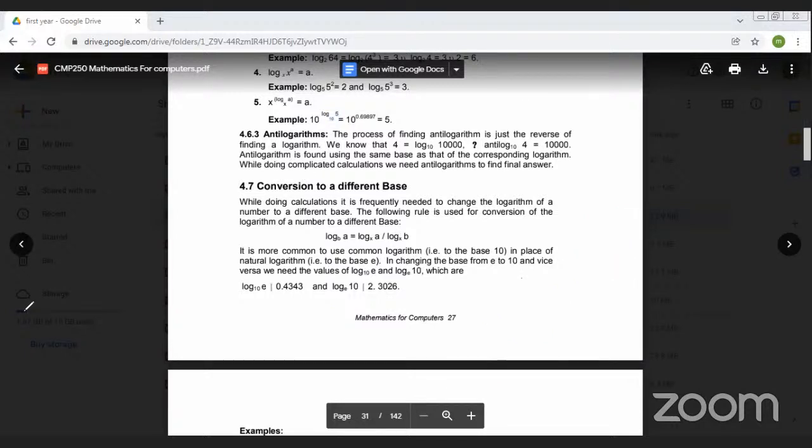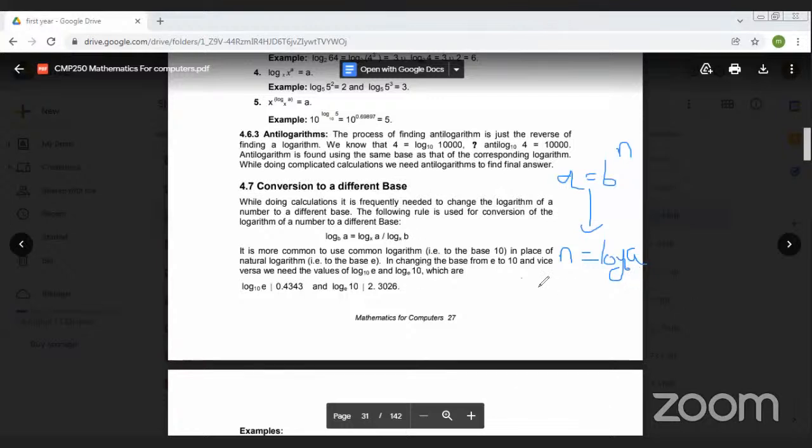Now anti-logs are those, see, the process of finding anti-log is just the reverse of finding log. Now, how do we find the log? When your formula was a equals b raised to n, then we shifted it as n is equal to log to the base b of a, correct?